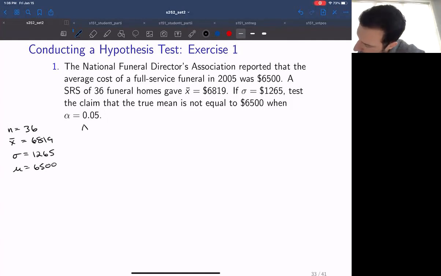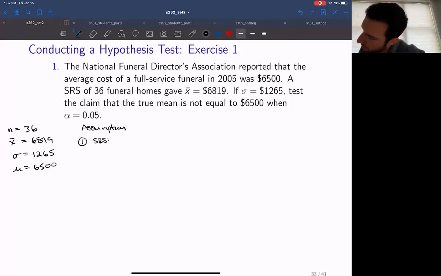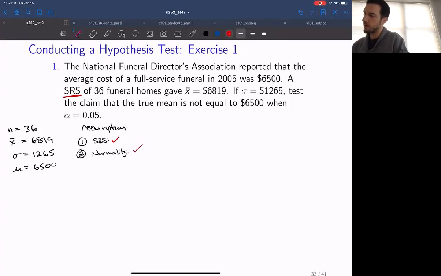All right. For the assumptions, for the first assumption, we're fine because we're told in the question that we have an SRS. For the second assumption, which is normality, we are also fine. Why are we okay here? Well, n equals 36.